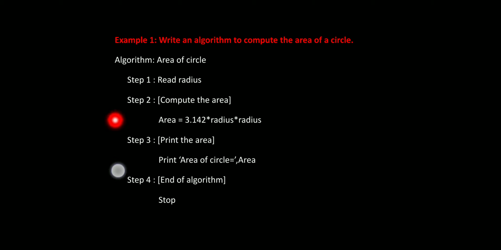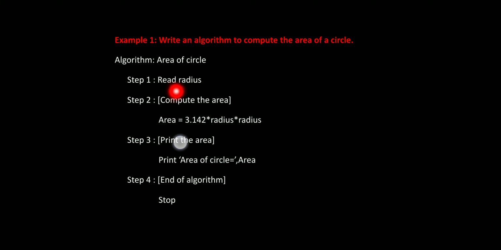The second step is to compute the area. How can we calculate the area? With the help of pi. The pi value is 3.142 into radius into radius. Radius squared we use to find the area of the circle. This is the formula to compute the area of a circle.